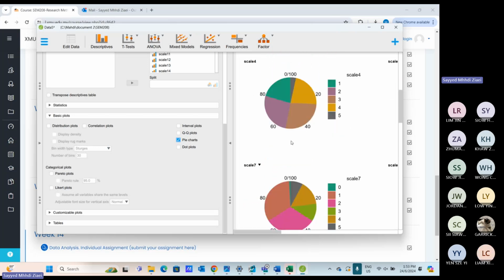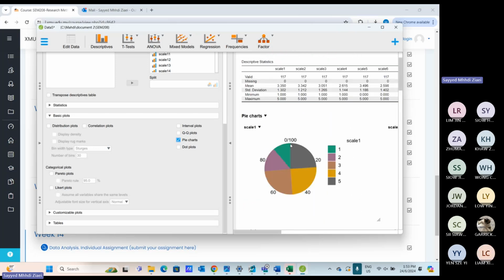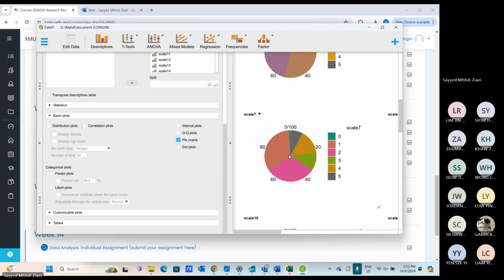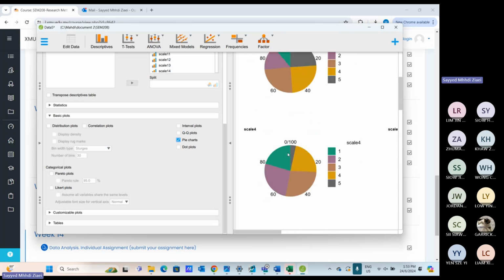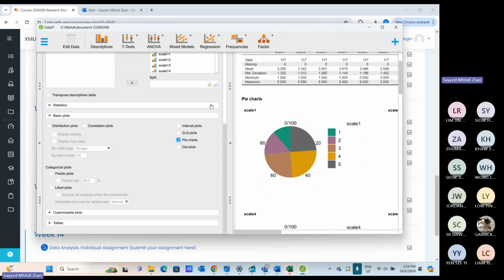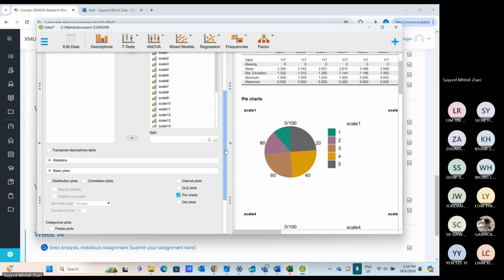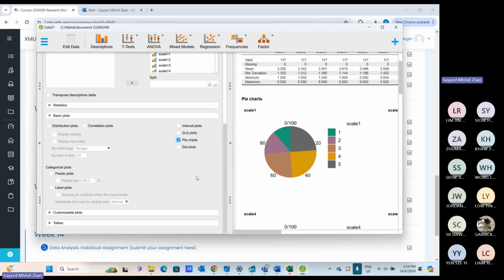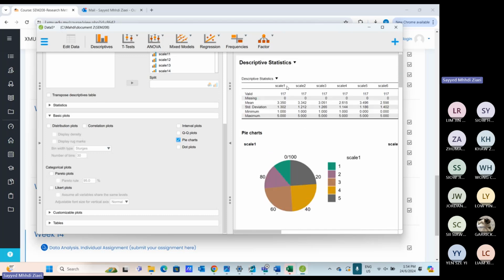It gives you extra information about the distribution of the responses in your questions. As I mentioned, for your assignment, all tables and figures are excluded from word count. So you can put all these figures if you like. But definitely you need to have this table, descriptive statistic.